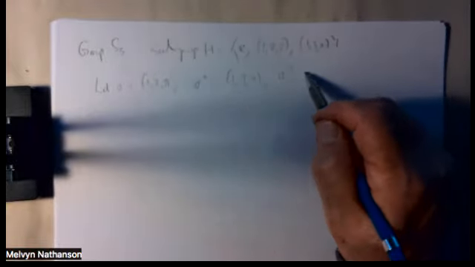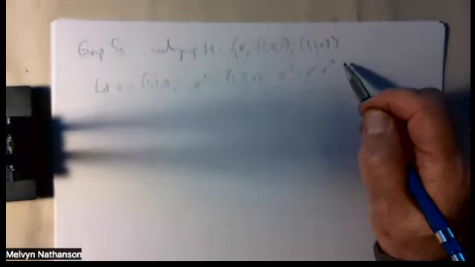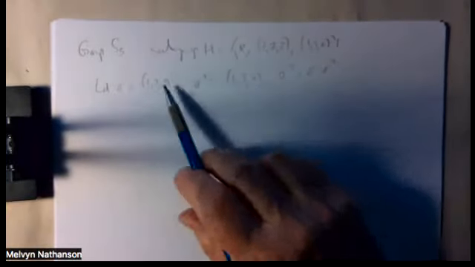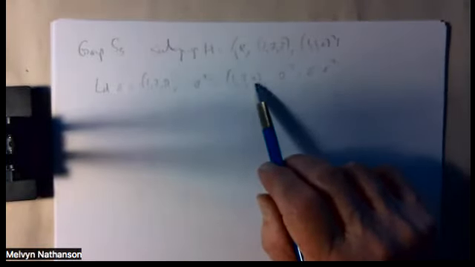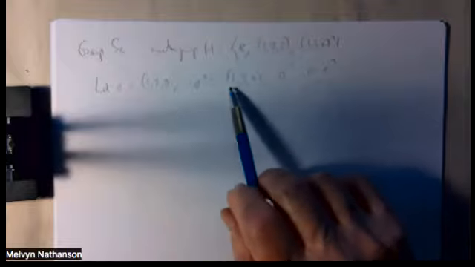Sigma cubed, which is sigma times sigma squared, sends 1 to 3 to 1, 3 to 2 to 3, 2 to 1 to 2. Sigma cubed is the identity, which means sigma inverse is sigma squared. So this is a subgroup with 3 elements.